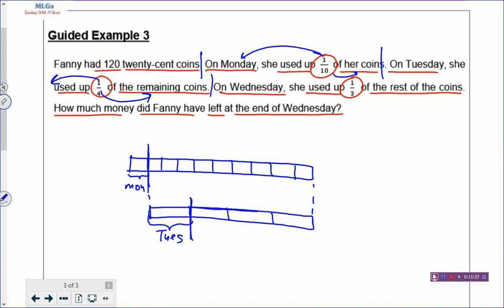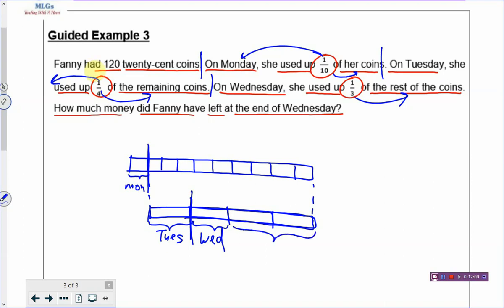And if you look at the fraction, the rest of the coins has 3 boxes, and the model from here to the right, how many boxes do you see? Also 3 boxes. And she used 1/3 or 1 box on Wednesday. So continue to label.